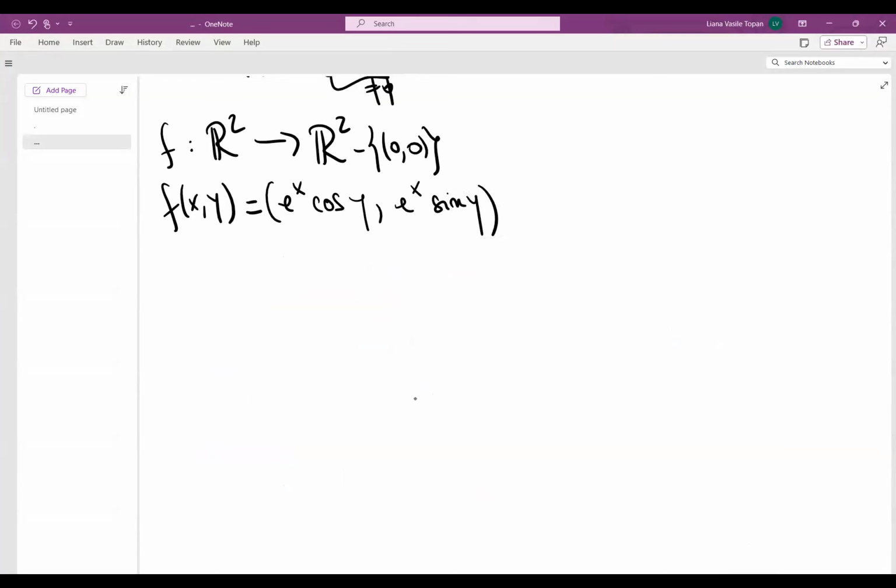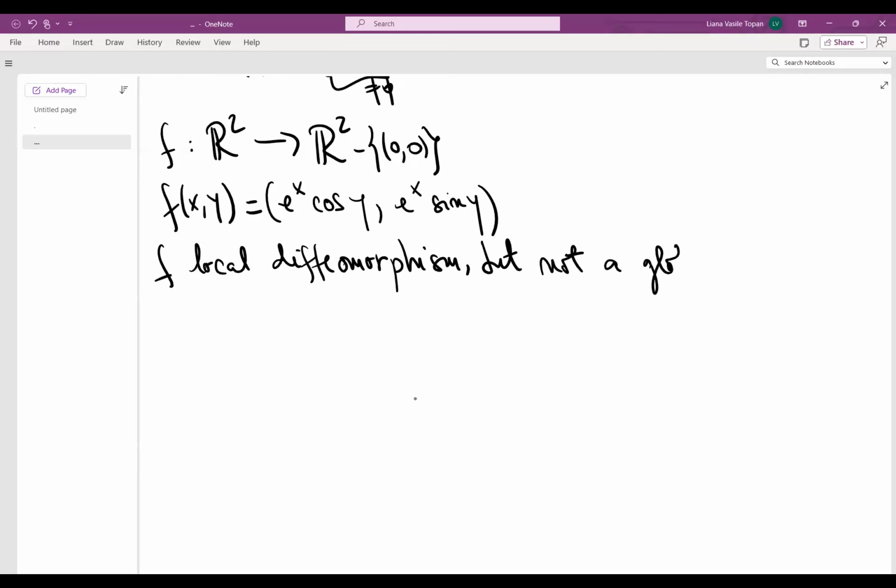So f will be a local diffeomorphism, but not a global diffeomorphism.